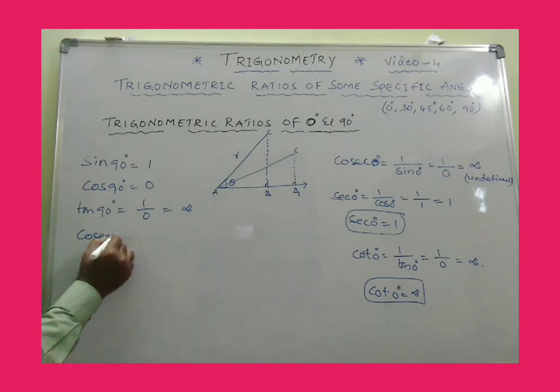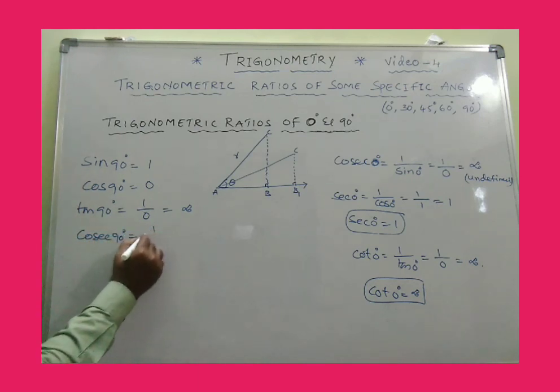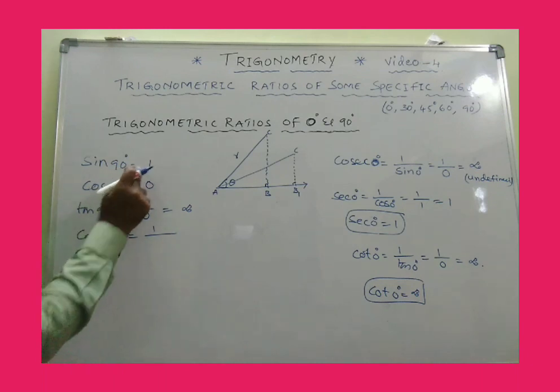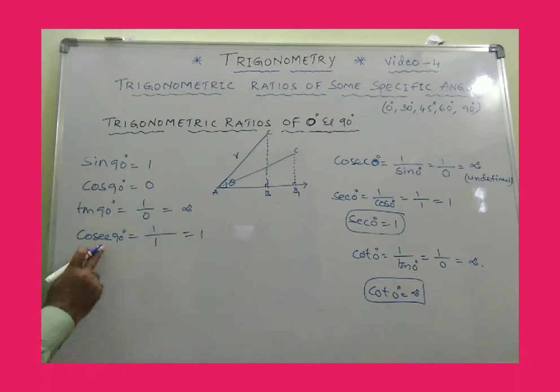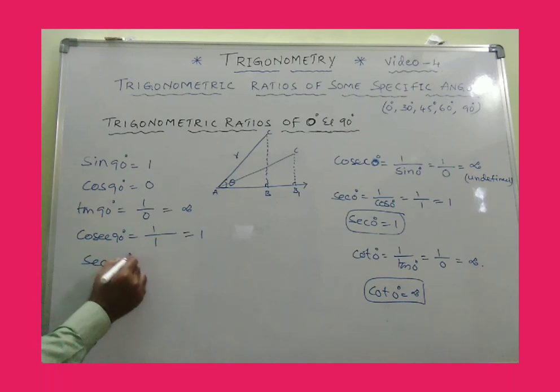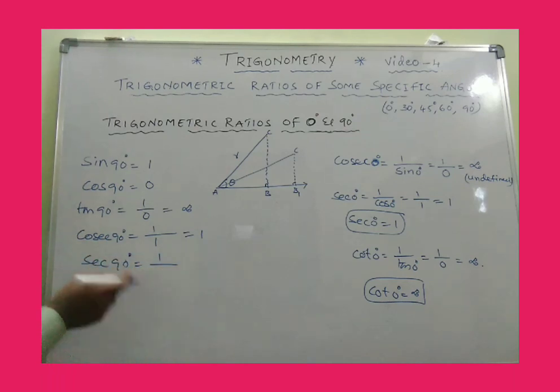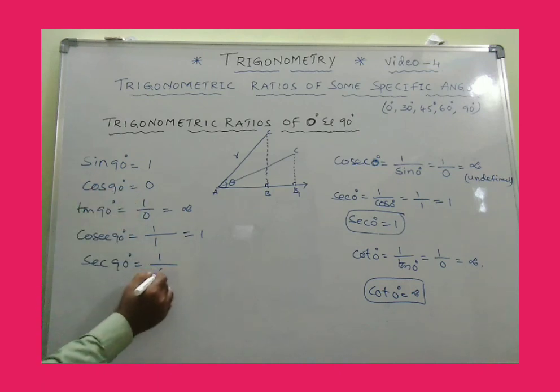And coming to cosecant 90 degrees, 1 by sine 90, which is 1. So cosecant 90 is also 1. And secant 90 is 1 by cos 90, 1 by 0, which is also undefined.